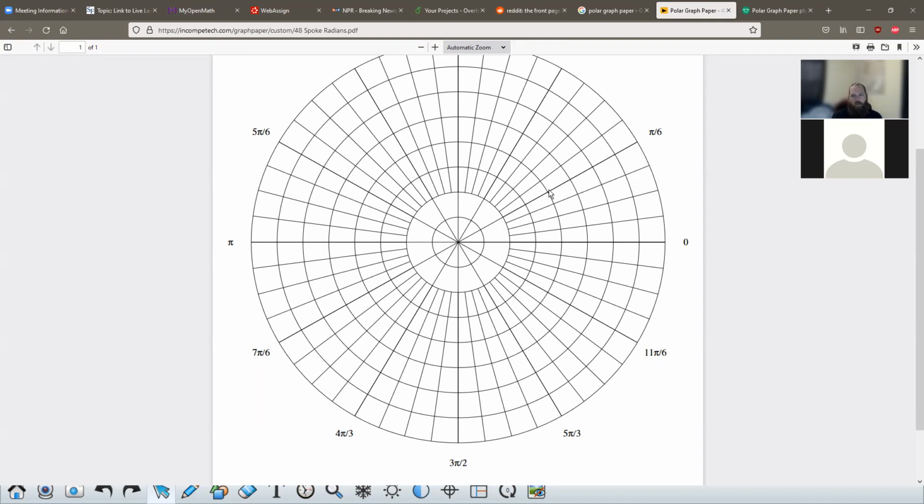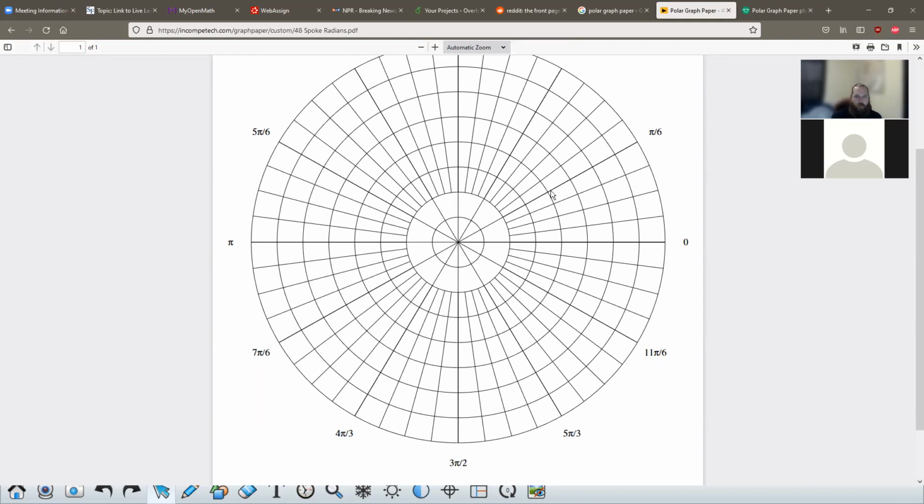So if I wanted to get to the point like (4, pi over 6), I would go out 1, 2, 3, 4 along my polar axis. And then I would go up along that circle to pi over 6. So here's the polar point (4, pi over 6).